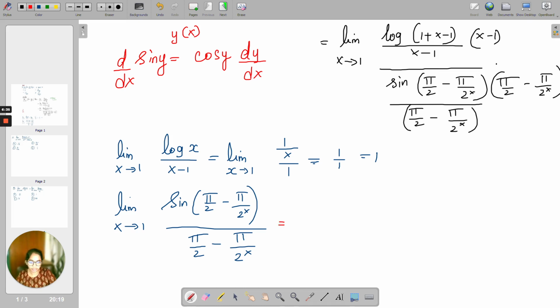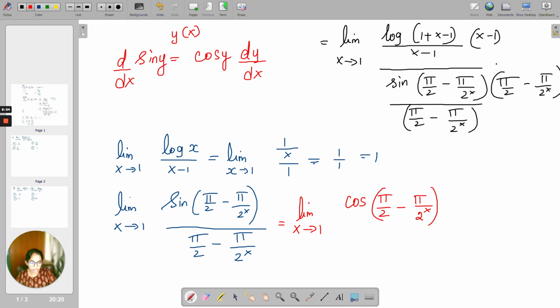I would get limit x tending to 1 of cos of pi by 2 minus pi divided by 2 power x.